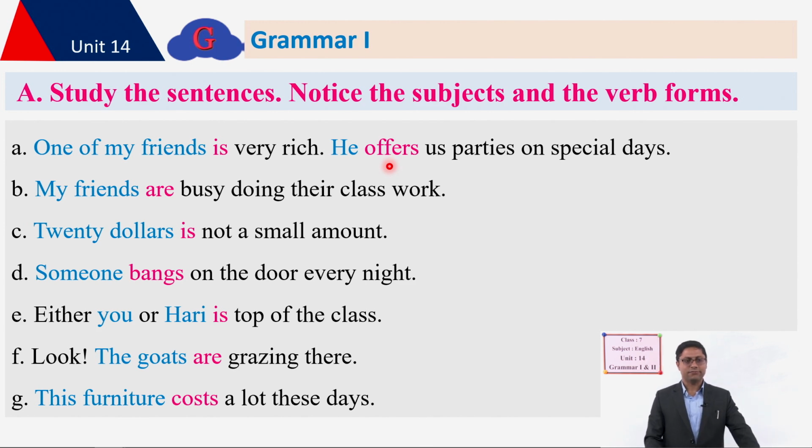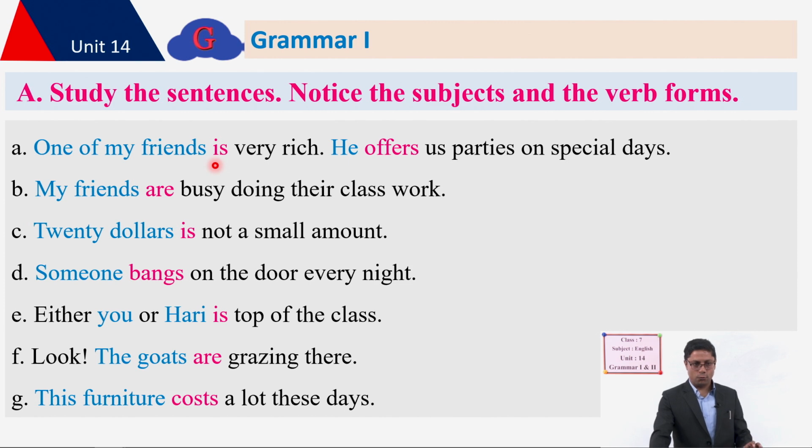Let's see the first one. What's there? One of my friends is very rich. He offers us parties on special days. See there, this one is the subject and this one is the verb, means one of my friends is the subject and is is the verb.